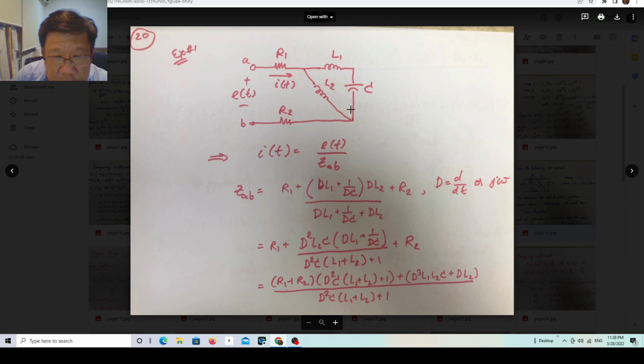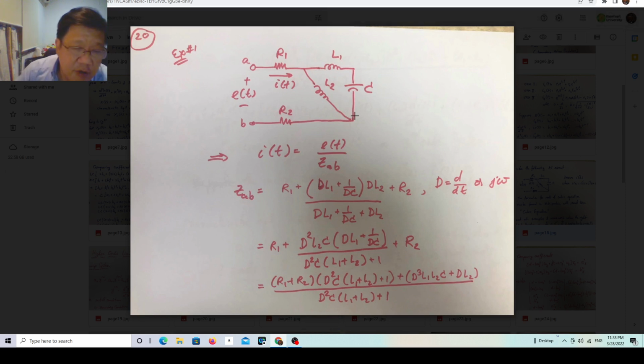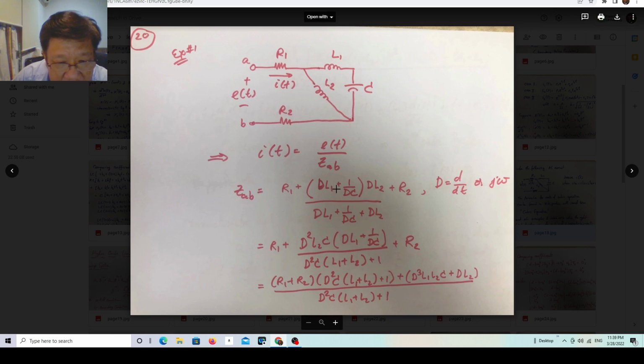But these two are connected in parallel with L2 here. And you might remember that when you have two impedances connected in parallel, you multiply the impedance of both parts together and divide by the summation of the impedances of each part connected in parallel. So this is what we did here.